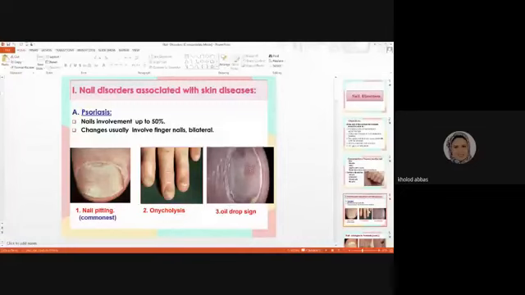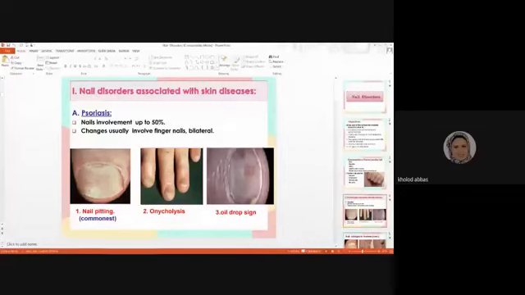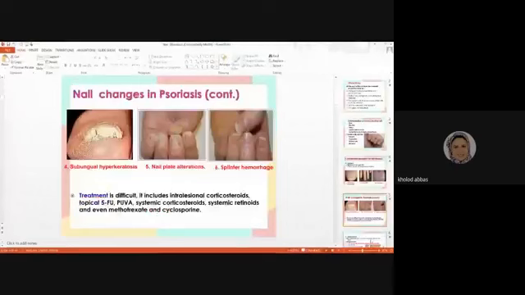Other findings include subungual hyperkeratosis and nail plate ulceration, and also we can find splinter hemorrhage. Usually splinter hemorrhage we can find at the distal part of the nail plate.